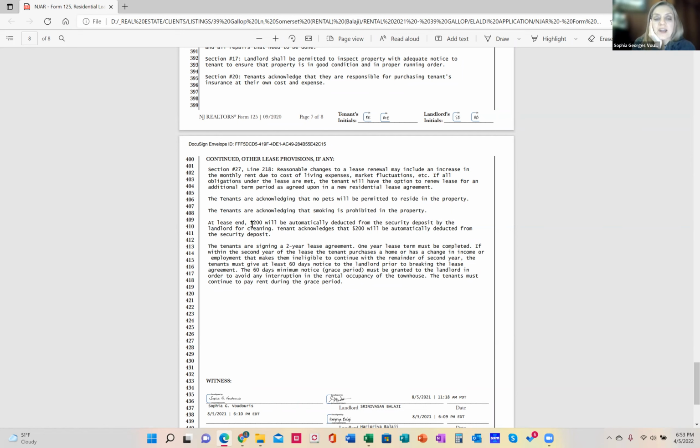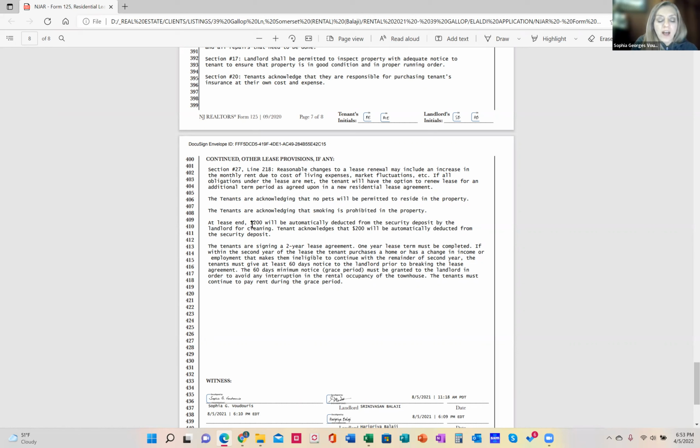So I always put here that at lease end, $200 will be deducted from the security deposit by the landlord for cleaning, and that the tenant acknowledges that $200 will be automatically deducted from the security deposit. That eliminates that whole thing at the end where you need to give the security deposit back and you're saying, I need to keep 200 because the place is dirty. Write it into the lease, so it's already there.